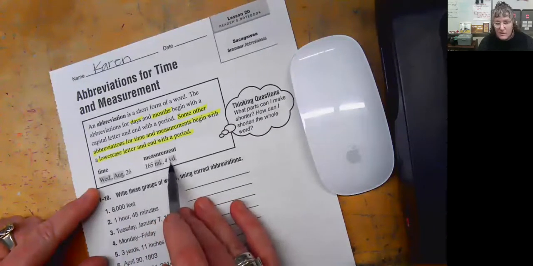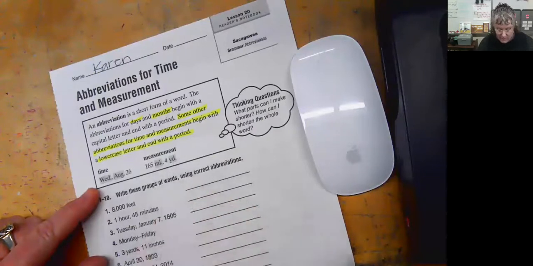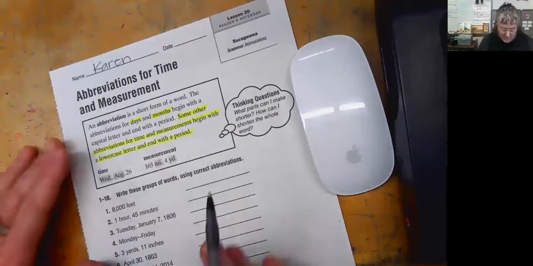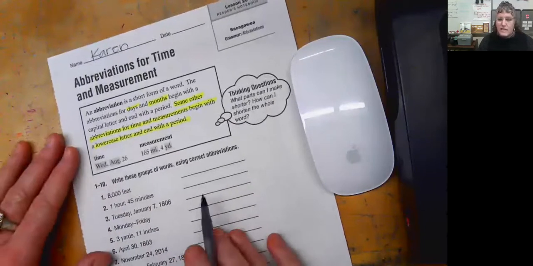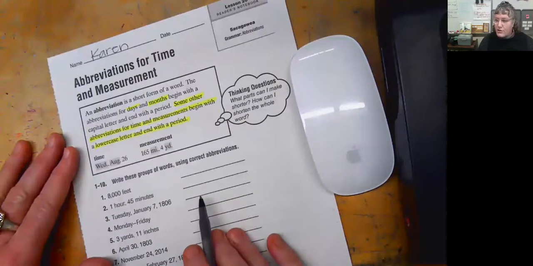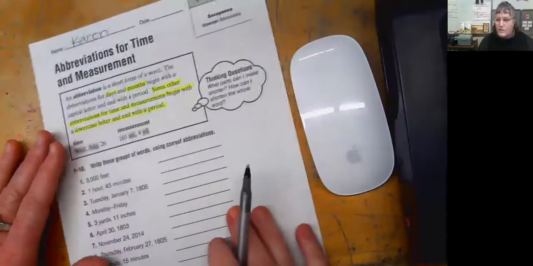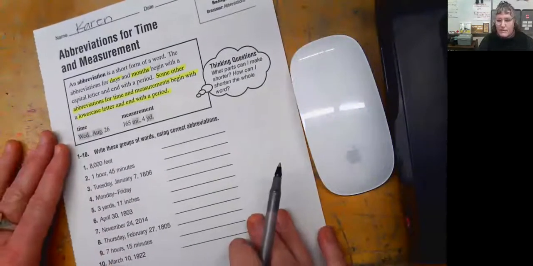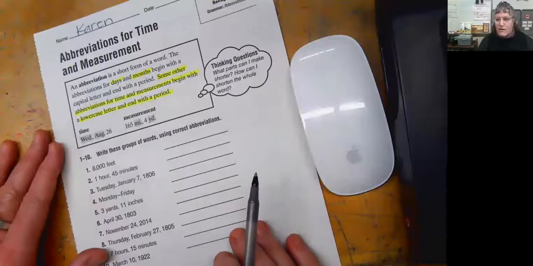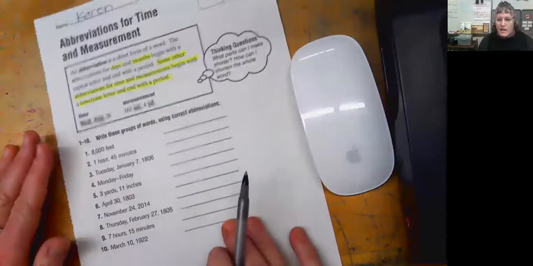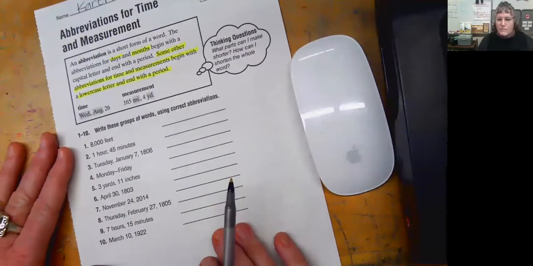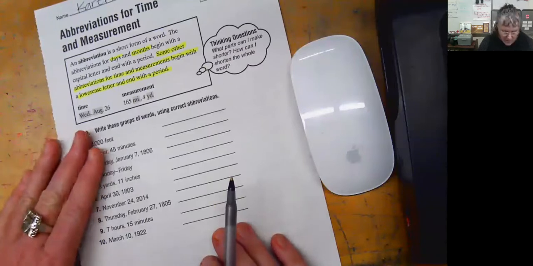Yards is lowercase y-d period, right? So this is one of those things that if you are not sure, you can always Google it, because you could always look it up, because there are lots of resources to help you with abbreviations, okay?